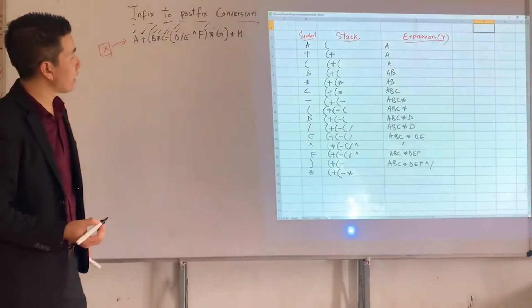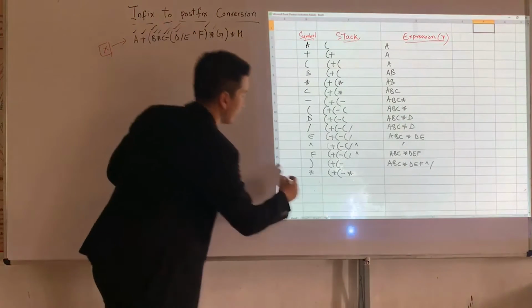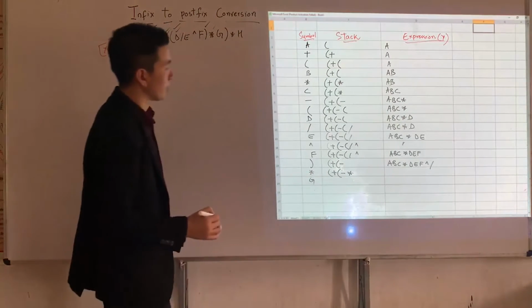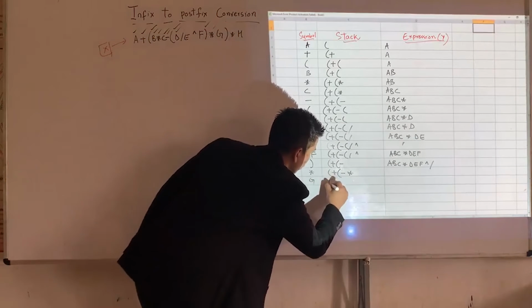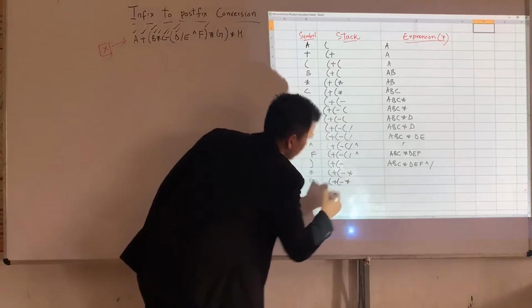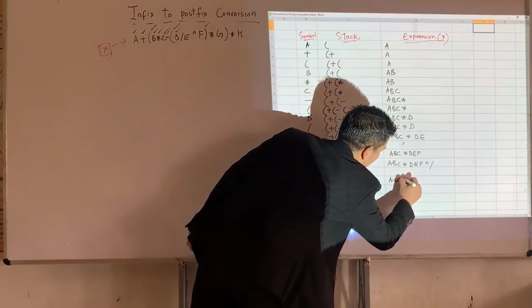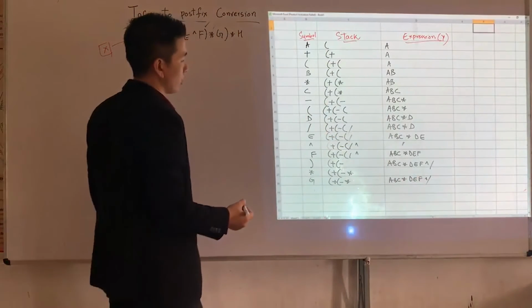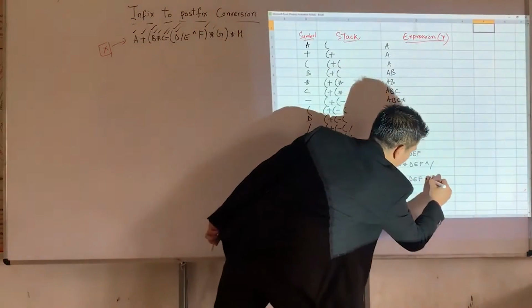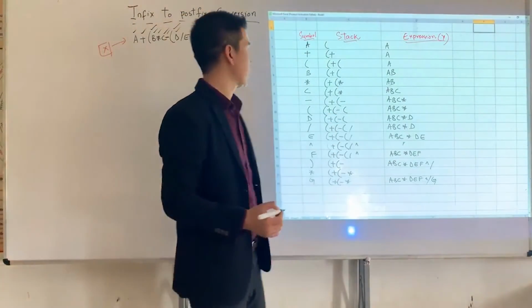Alright, and then now the next up is you have the G. You have this G, G will have to go to the expression. So this will be minus multiplication, and then you will have A, B, C, D, E, F, okay, slash, and then you have the G. Since it's the operand, you need to have it added to the expression.